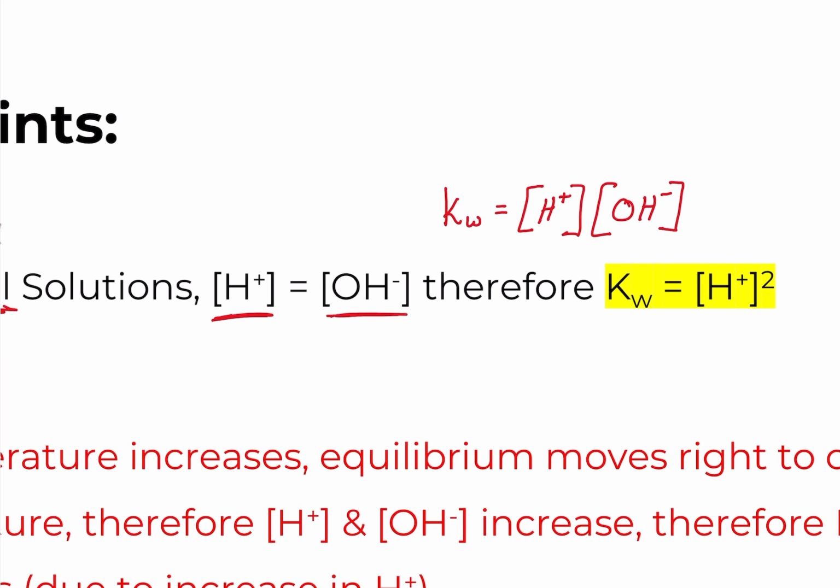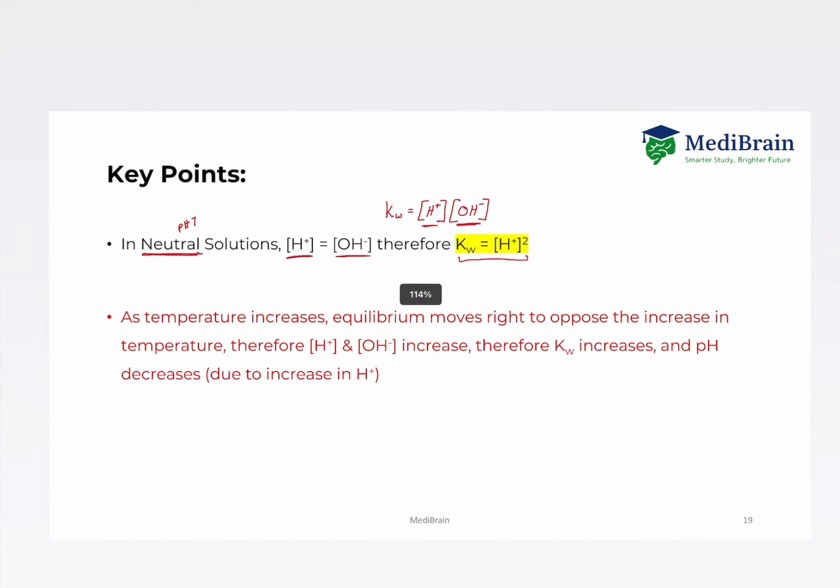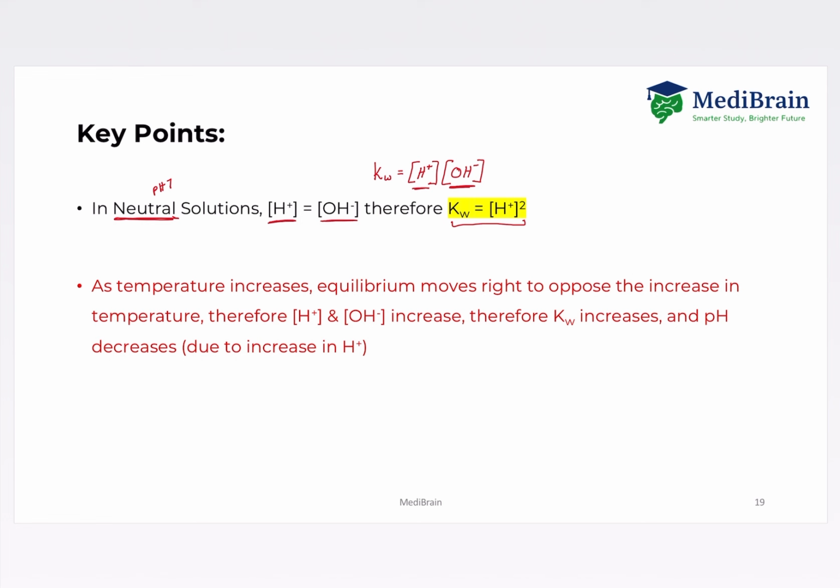And because there's an equal number, both of these concentrations are going to be the same. So we can simplify the Kw expression even further to Kw equals H plus squared, because we know that the hydroxide ion concentration is just going to be the same as the H plus concentration. So we can simplify that down to just the hydrogen ion concentration squared. Okay, and then if we square root our answer, we will get the exact hydrogen ion concentration, which would be the same as the hydroxide ion concentration. This will make more sense when we look at some examples later on in this video.